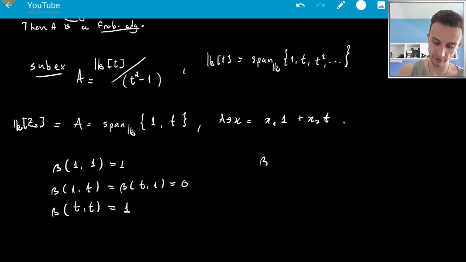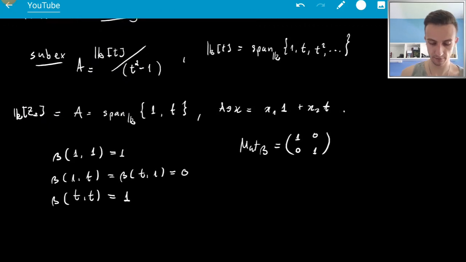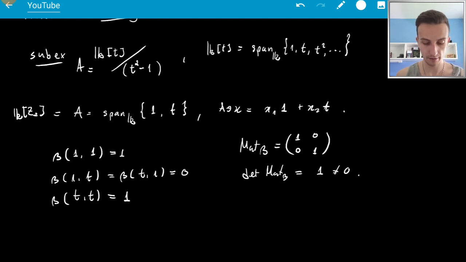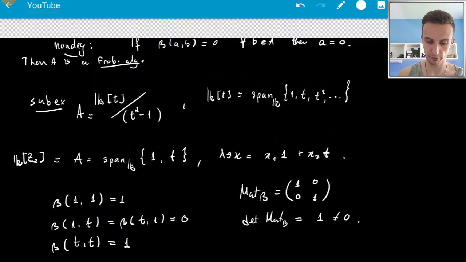So written as a matrix in this basis, beta would be this. And it's clearly non-degenerate because, well, when is a matrix degenerate, right? When its determinant is 0. Well, I have the determinant of this equals 1, so not 0, not degenerate. Okay, yeah, so that's an example of a Frobenius algebra.